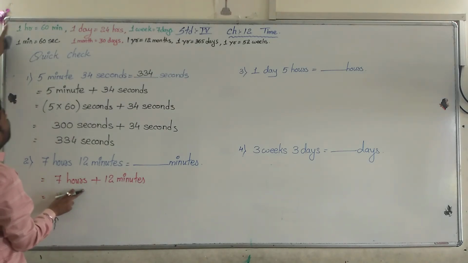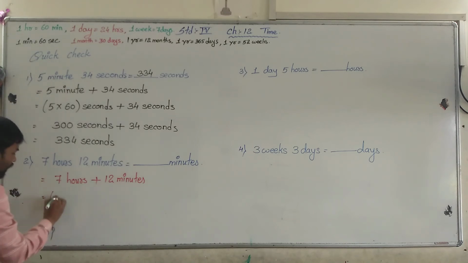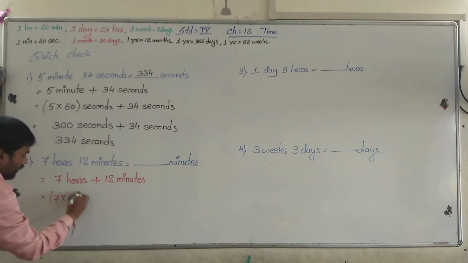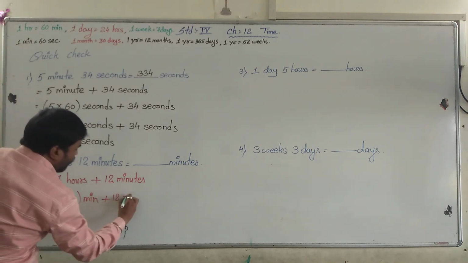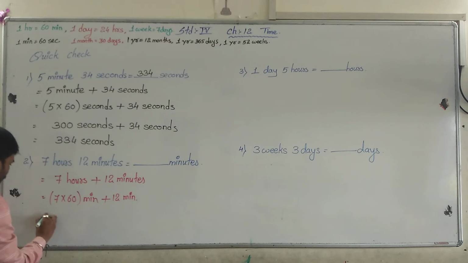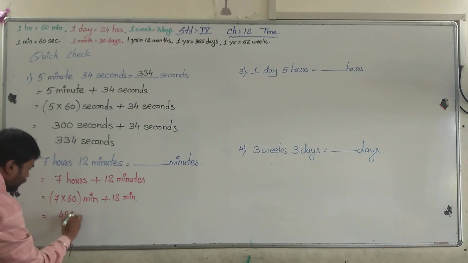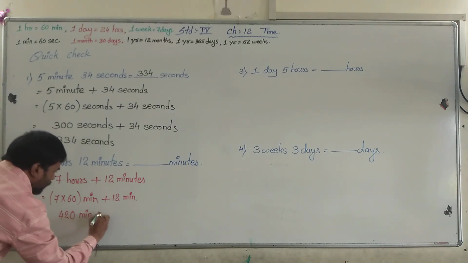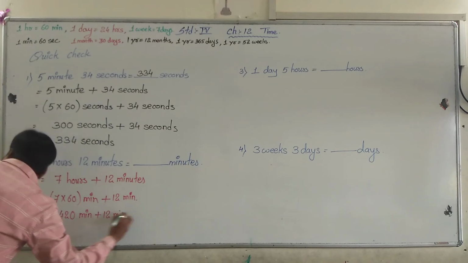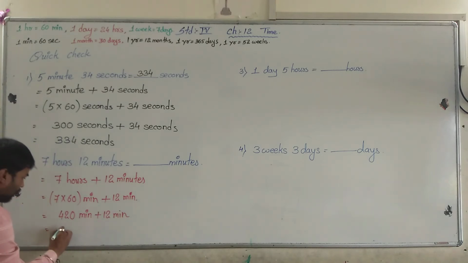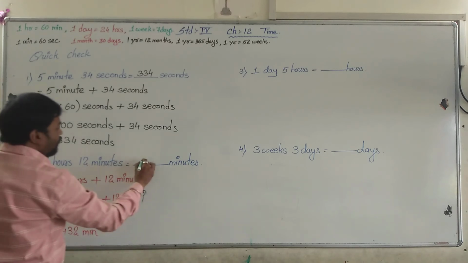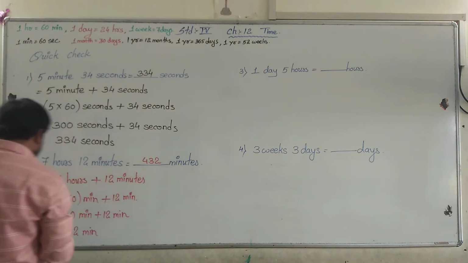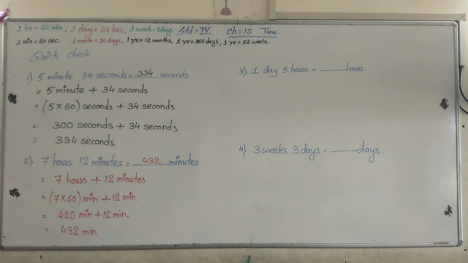Here 1 hour is equal to 60 minutes, so 7 hours will be 7 multiplied by 60 and it will convert into minutes plus 12 minutes. 7 6s are 42 and 0, plus 12 minutes, so if I add it up that will be 432 minutes. Right? Are you getting my points? Sure. Moving ahead.